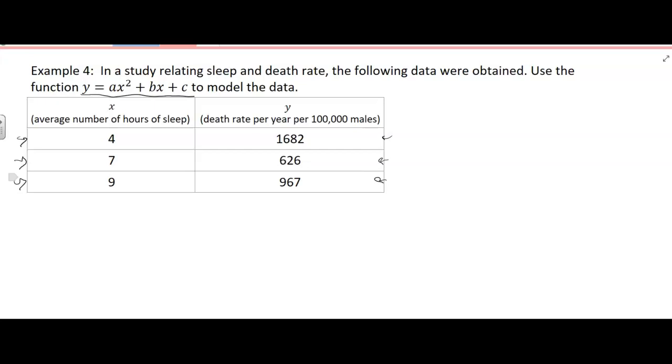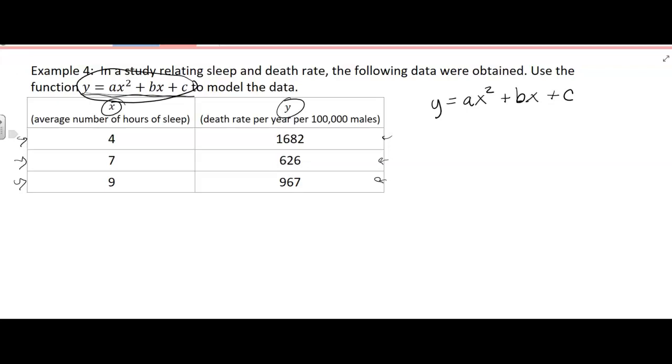Remember, these are X values and Y values, and we're using this model right here. What we don't know are A, B, and C, and that's what we're going to try to figure out. So I'm going to write this model based on Y: y equals ax squared plus bx plus c.